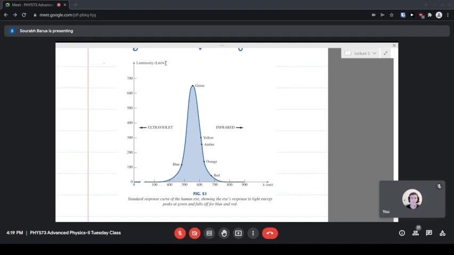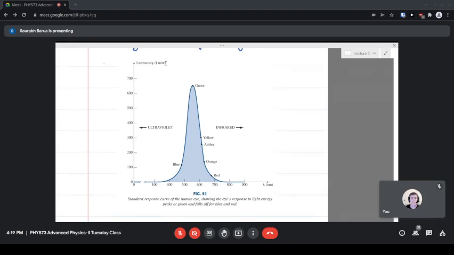The y-axis tells you, for each watt of energy of a particular wavelength, how many lumens the eye detects. Suppose 1 watt of green light is falling on the human eye, it will detect about 650 lumens.